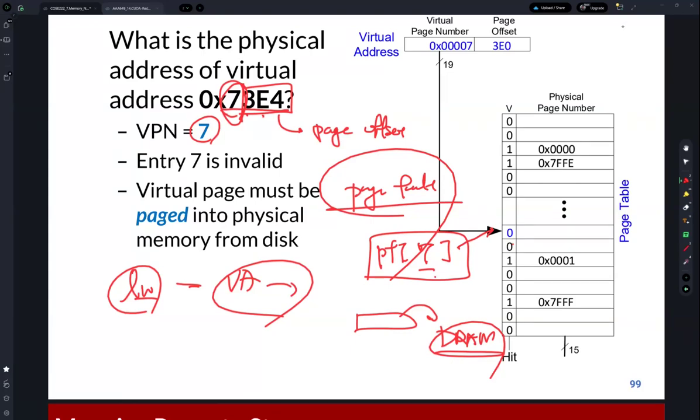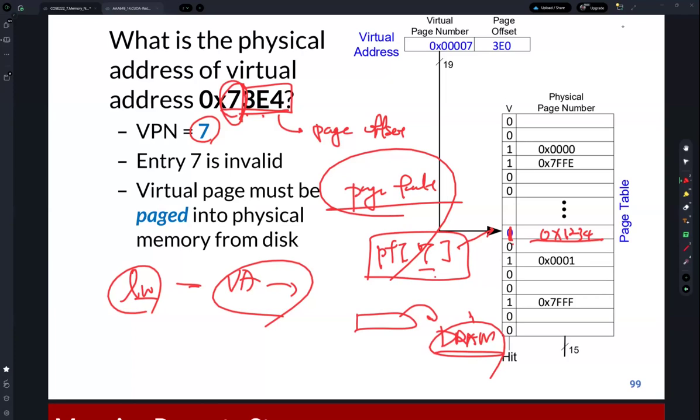So the address of this page is just stored in the page table, like 1, 2, 3, 4. And then the operating system changes the valid bit of this entry to 1. And the load instruction is executed again.